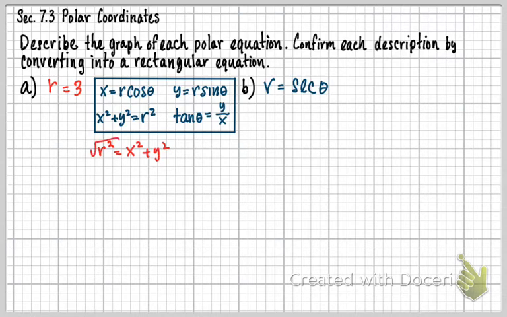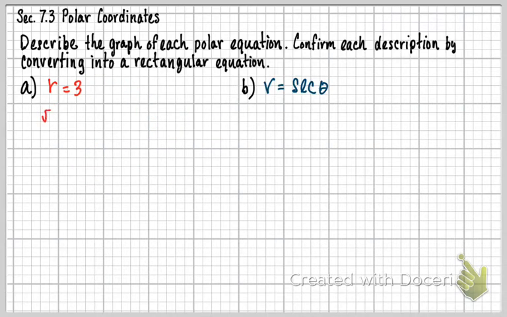and I square root both sides, I'm going to get r equals, and in general I get a plus or minus, but I don't have to really worry about that so much here because it'll come out anyways. So that's going to be r equals the square root of x squared plus y squared. So I'm just going to put that in place of the r up here.